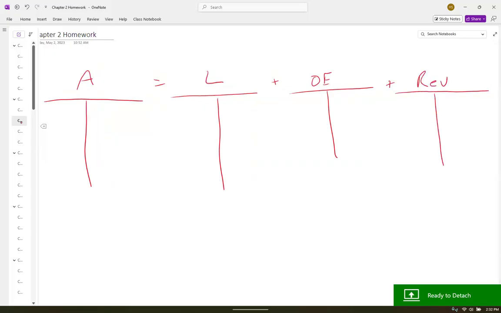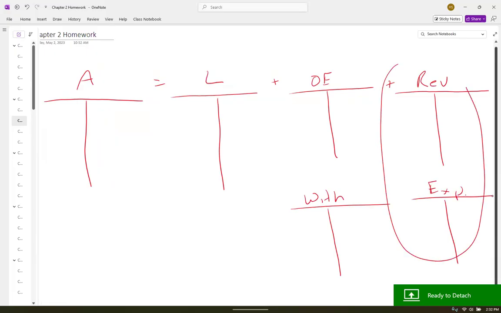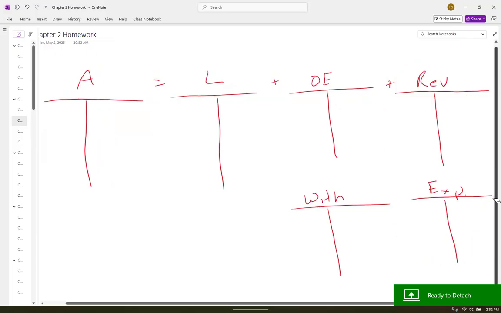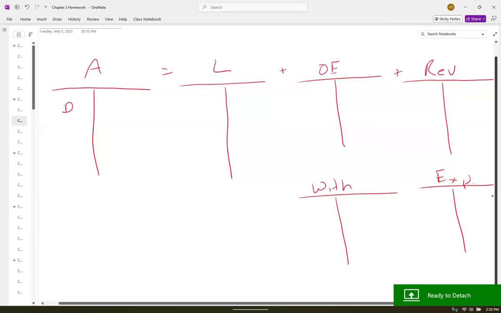I always put withdrawals up underneath owner's equity, and I put expenses underneath revenues. And remember, revenues and expenses have their own statements. They are underneath that umbrella of owner's equity, but they have their own statement. All right. So debits on the left, credits on the right. Every single one of these, that will not ever change.